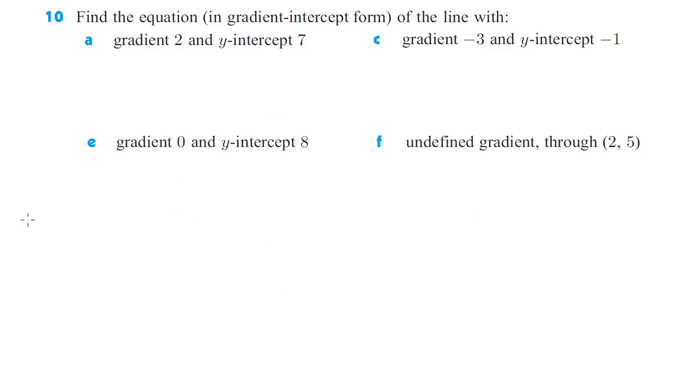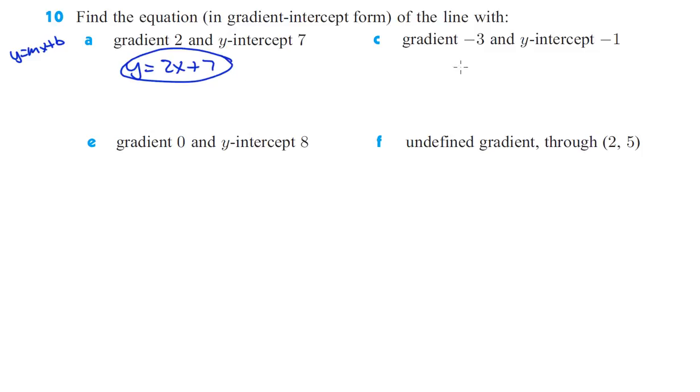Find the equation in slope-intercept form with slope 2 and y-intercept 7. Okay, so ready? They give us everything that we need, because it's just y equals mx plus b, right? B is the y-intercept and m is the slope. So this one's going to be y equals 2x plus 7.